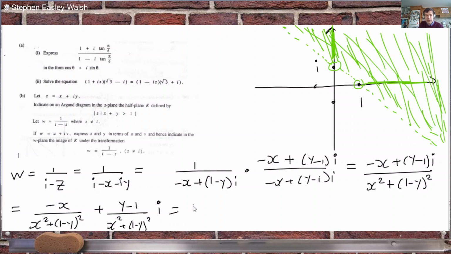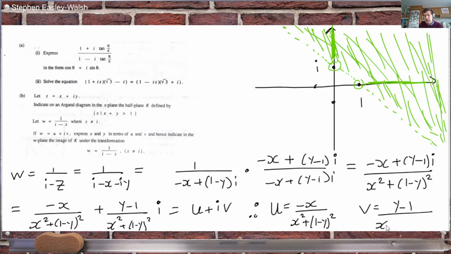And that's supposed to equal u plus iv. So therefore u is equal to minus x over x squared plus 1 minus y squared, and v is equal to y minus 1 over x squared plus 1 minus y squared.